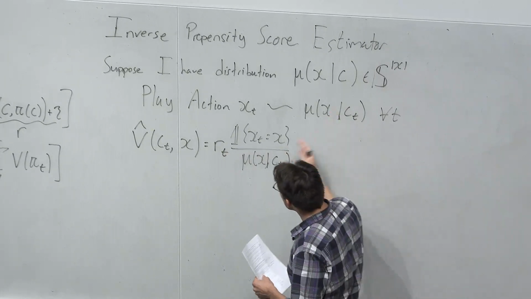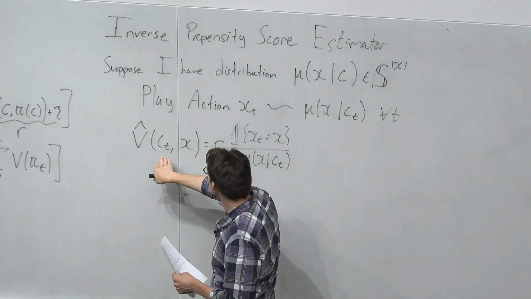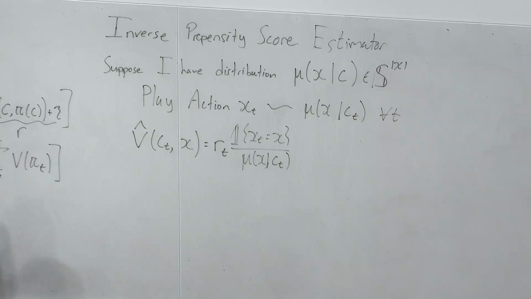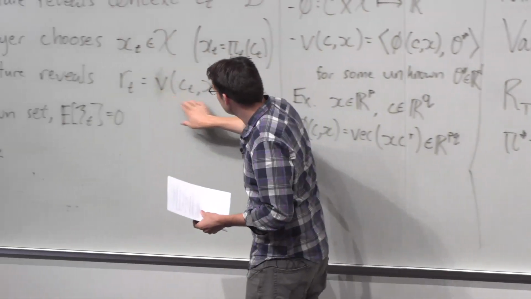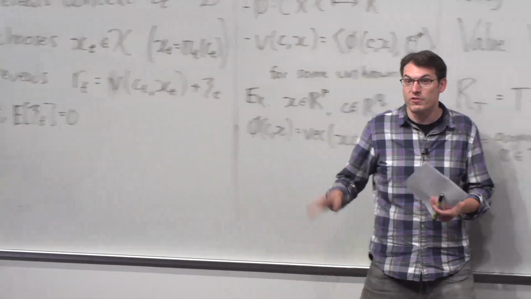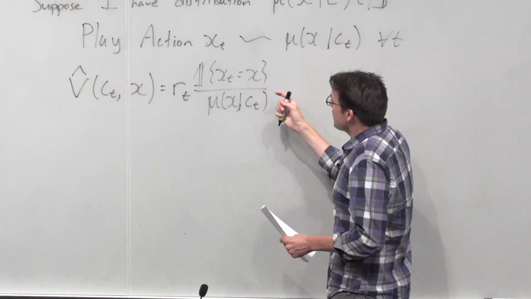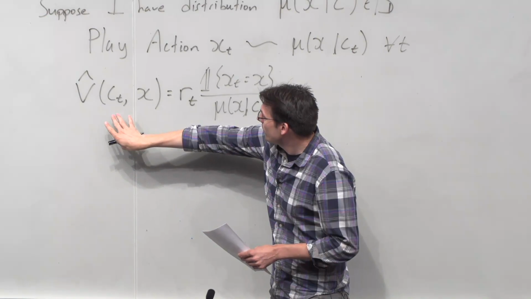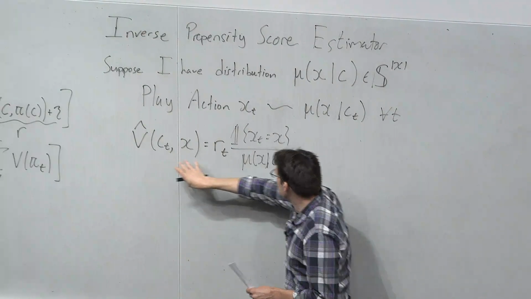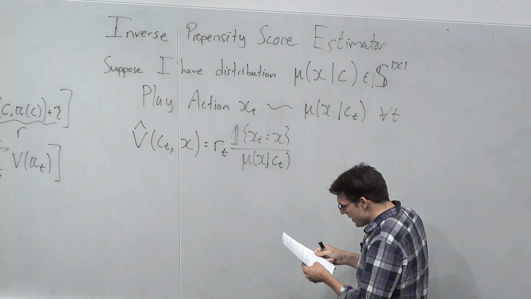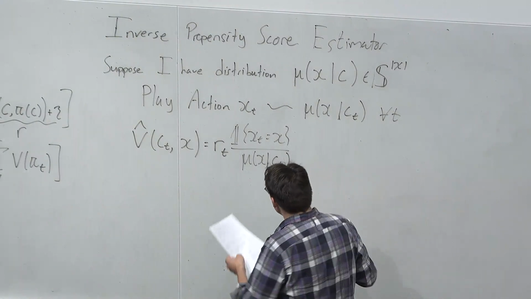And then I'm going to construct this estimator for v of c, x, which is just a function. V of c, x is just a given function for any context and action. I don't know it, but it exists. And I'm going to build an estimator for it, for any c, x, as being equal to this. Why would I want to do this?